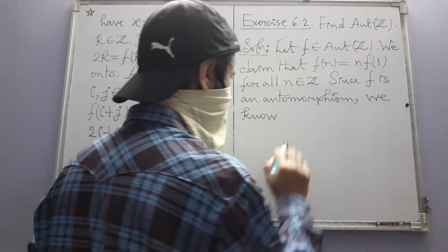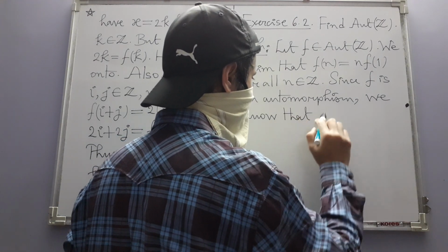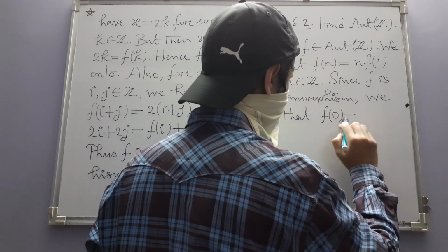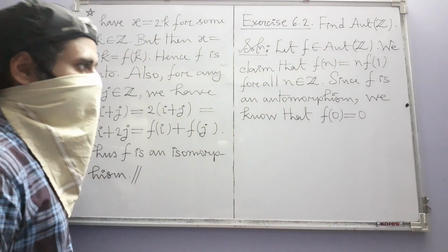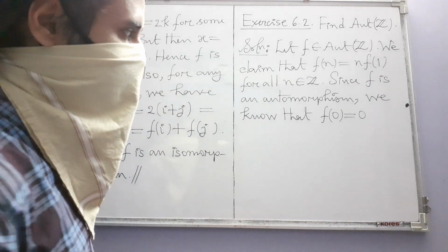We know that f of 0 is equal to 0. In fact, for any isomorphism, this is the case.